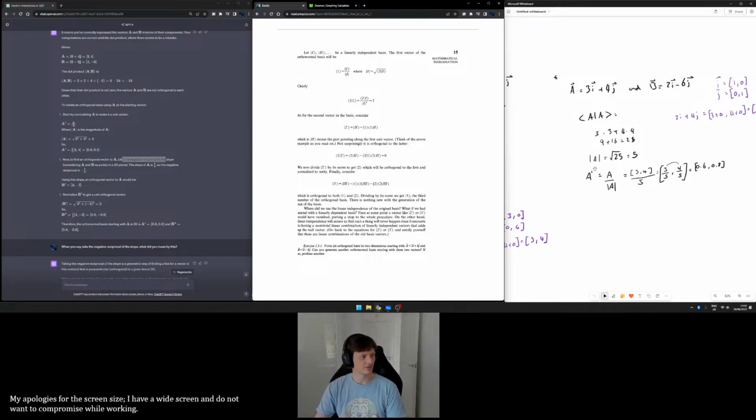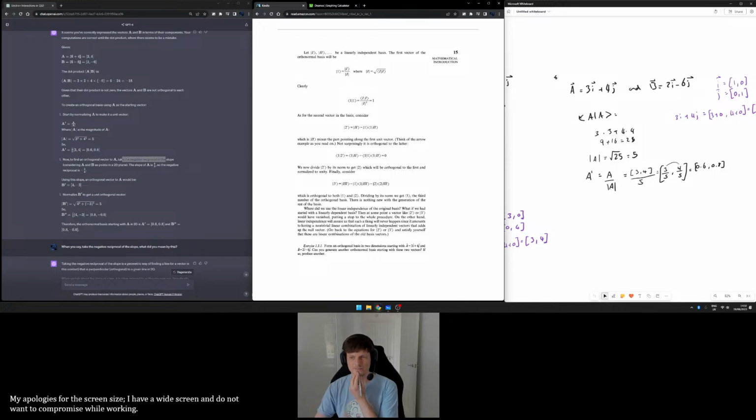I just have to warm up because I'm still in the slow gear at the moment. Our norm is equal to the square root of 25 because the norm is equal to the square root of the inner product. The inner product was 3 times 3 plus, so that equals 25. Okay, so now we've got our norm, but why are we doing A prime? Oh, it's because of up here, I see. Yeah. Okay. Yes, that's right.